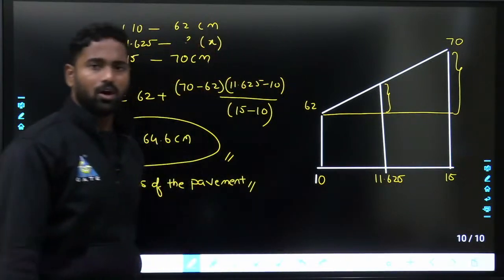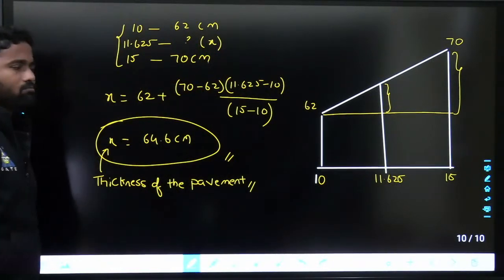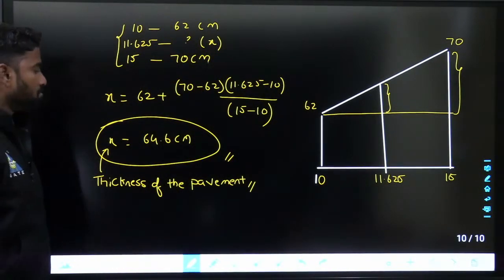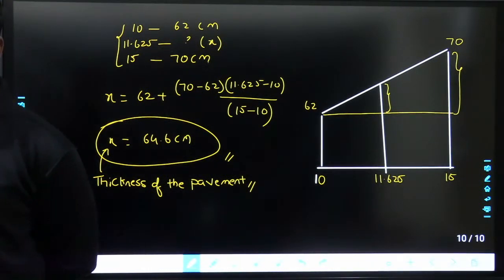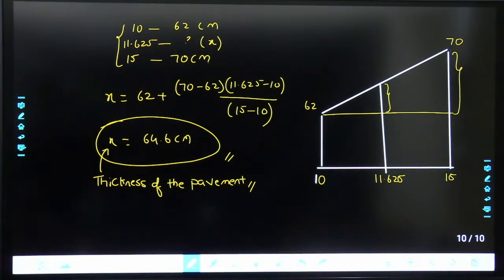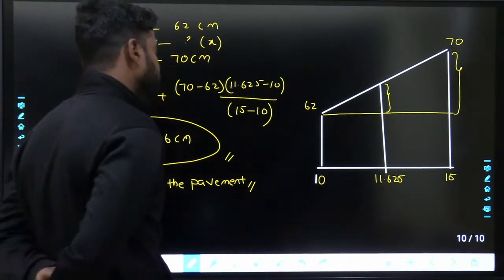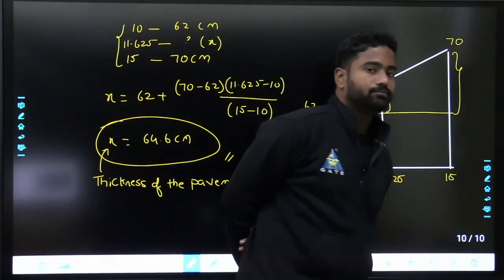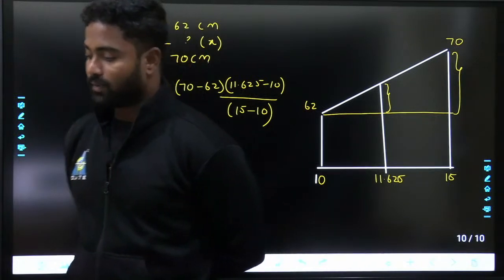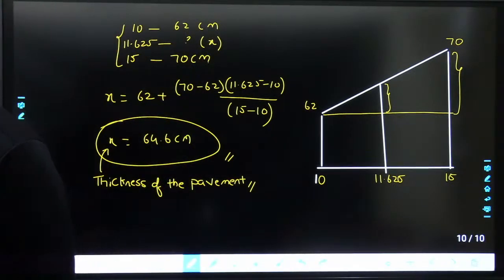So what is your doubt in this? This is the answer. Any doubts? You have made a mistake, fine, well and good for you. Don't repeat those mistakes. Any doubts in this, guys?